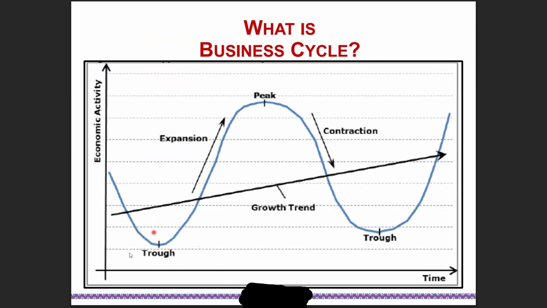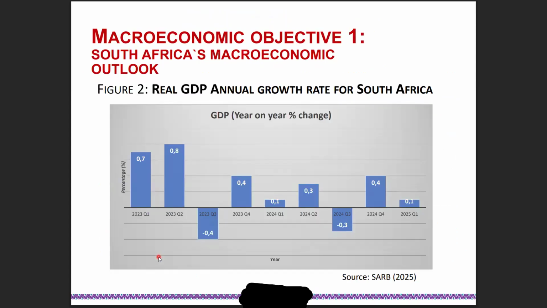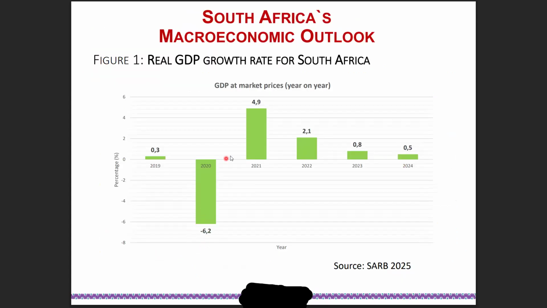Remember, I made an example with COVID-19 during 2020, where we had a negative growth rate. You can see we had negative 6.2 during 2020. So this was the trough. If you were to draw this, you'd have something like this.